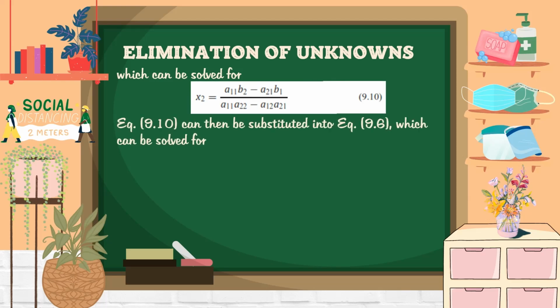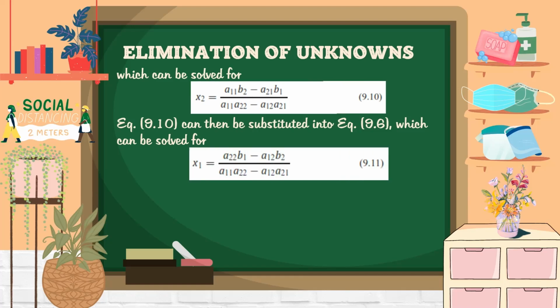Equation 9.10 can then be substituted into equation 9.6, so it can be solved for x sub 1: a sub 22, b sub 1 minus a sub 12, b sub 2, all over a sub 11, a sub 22 minus a sub 12, a sub 21, which is referred to as equation 9.11.